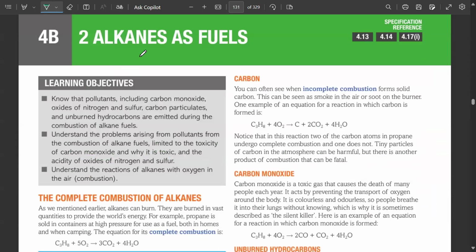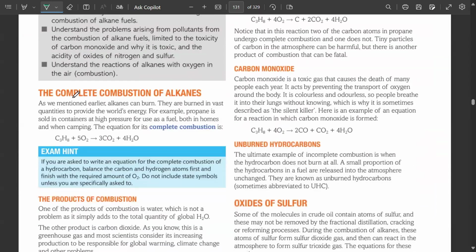Now, how are these alkanes that have been produced by the three methods used as fuels? Can you tell me what is the meaning of complete combustion of alkanes? What is the meaning of complete combustion of alkanes?